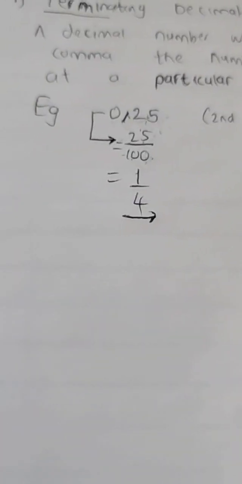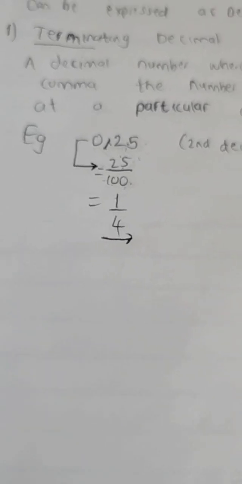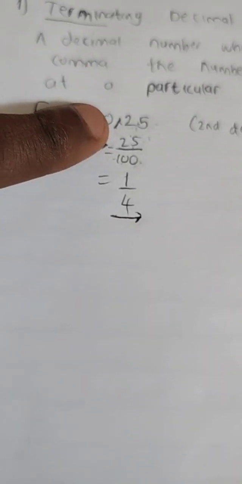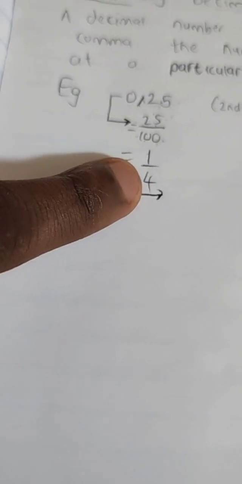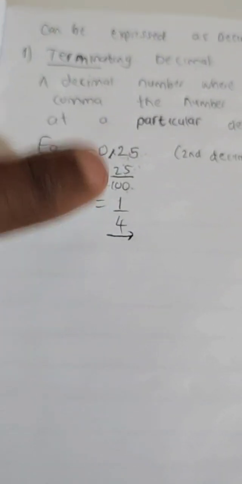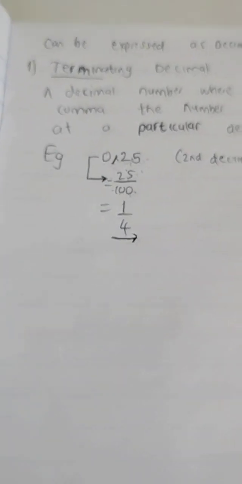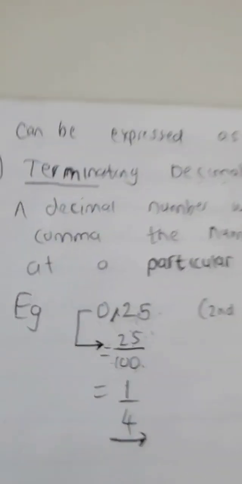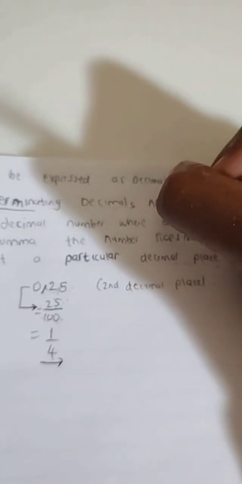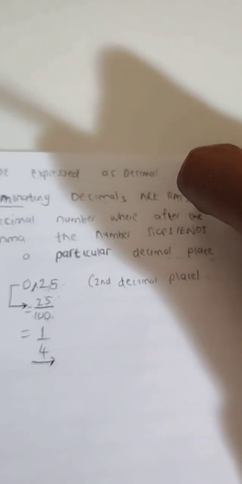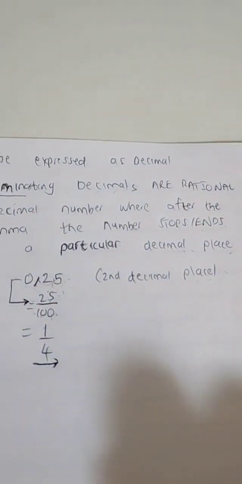Then you can simplify 25 over 100 to get 1 over 4. 1 over 4 is a rational number, with an integer numerator and an integer denominator, which means 0.25 is a rational number. So we say terminating decimals are rational numbers.